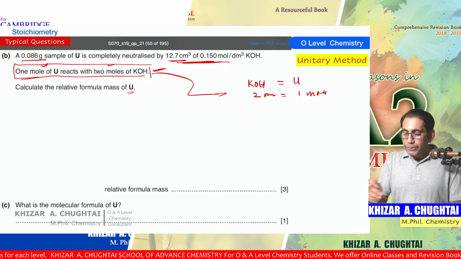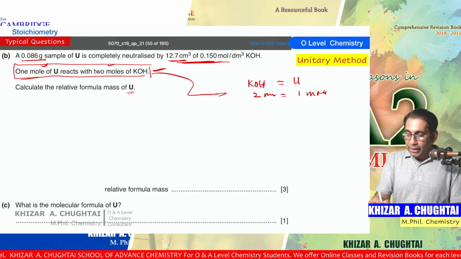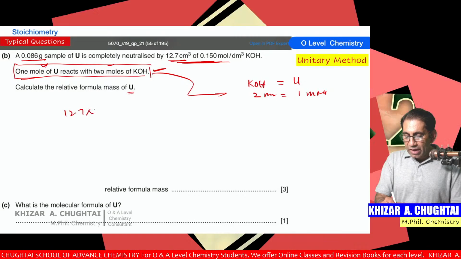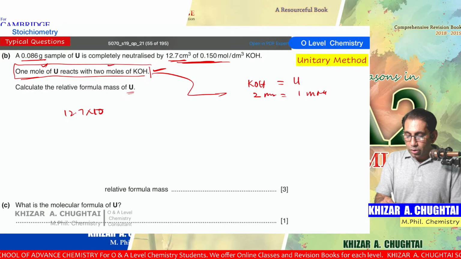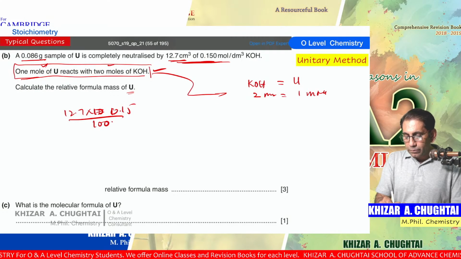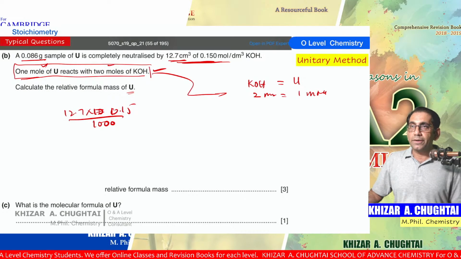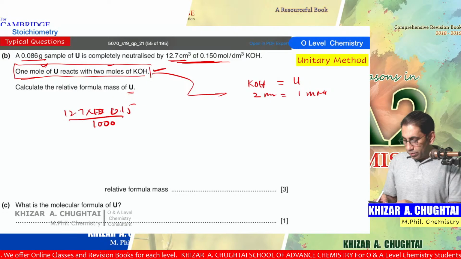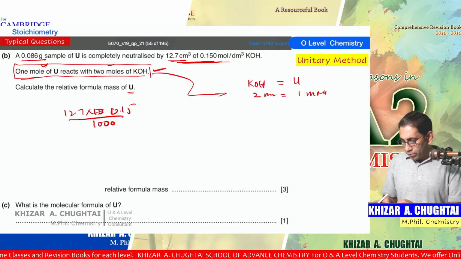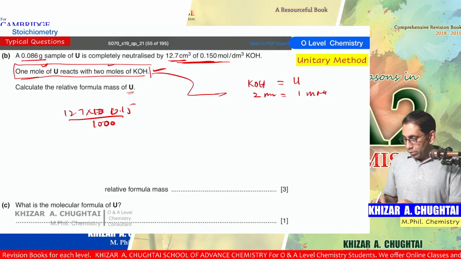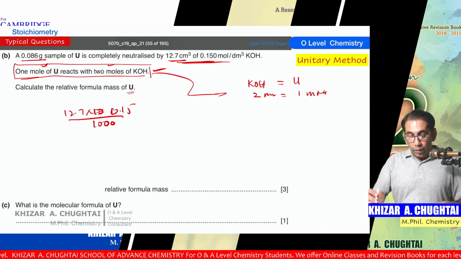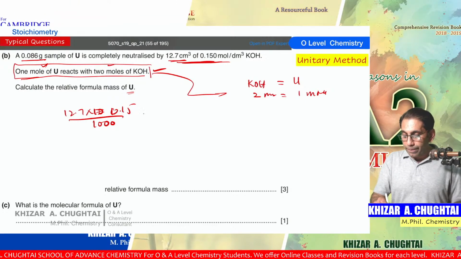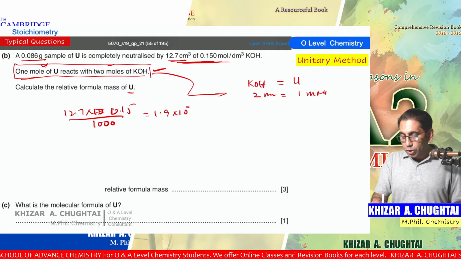Now, how many moles are we using experimentally? That is equal to 12.7 multiplied by 0.15, divided by 1000. The answer is 1.9 × 10^-3.